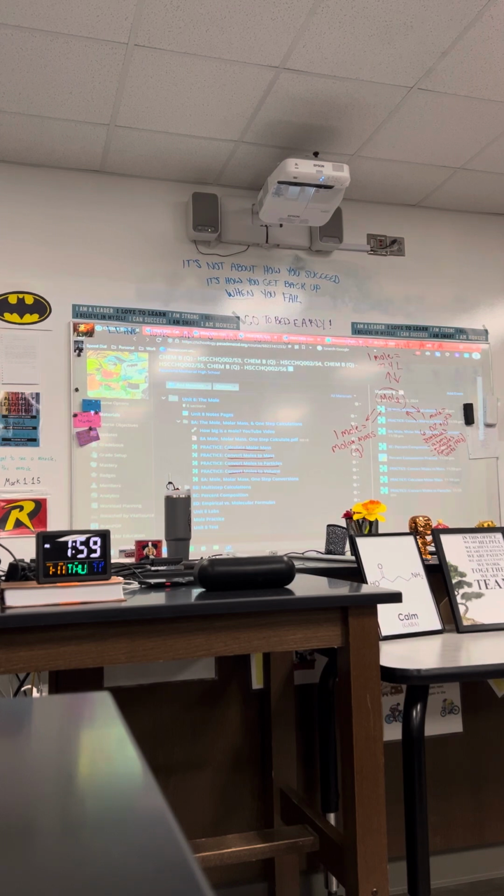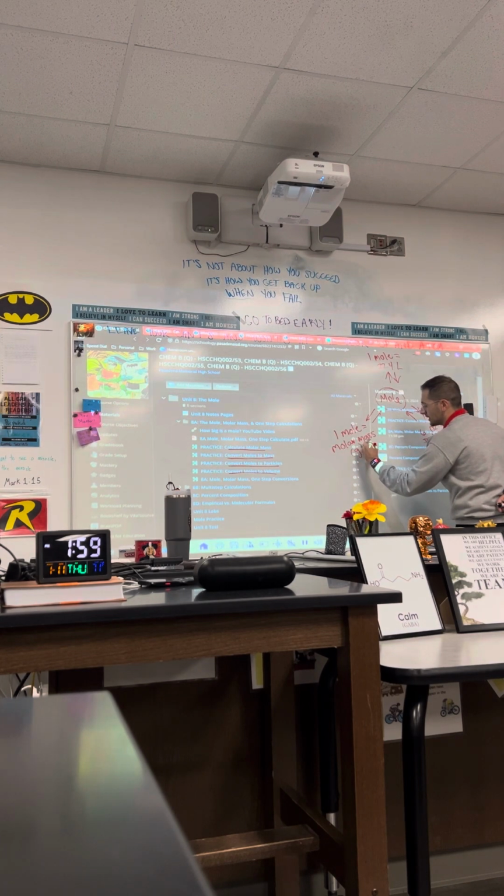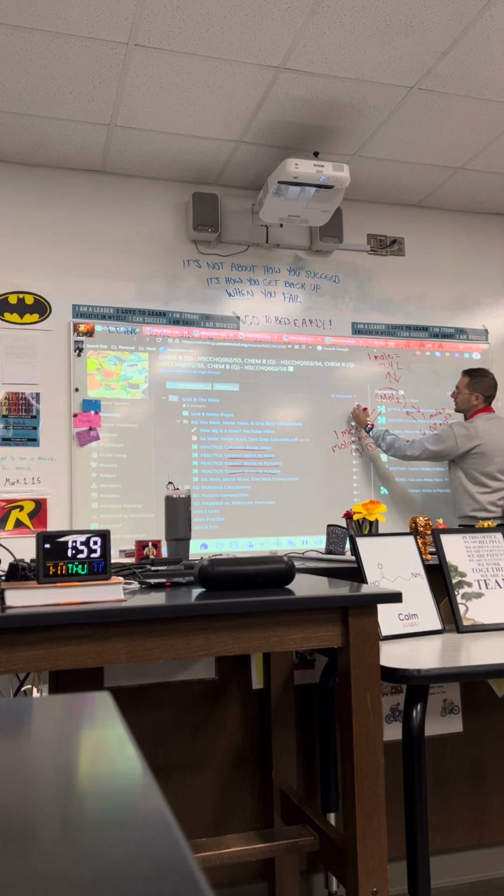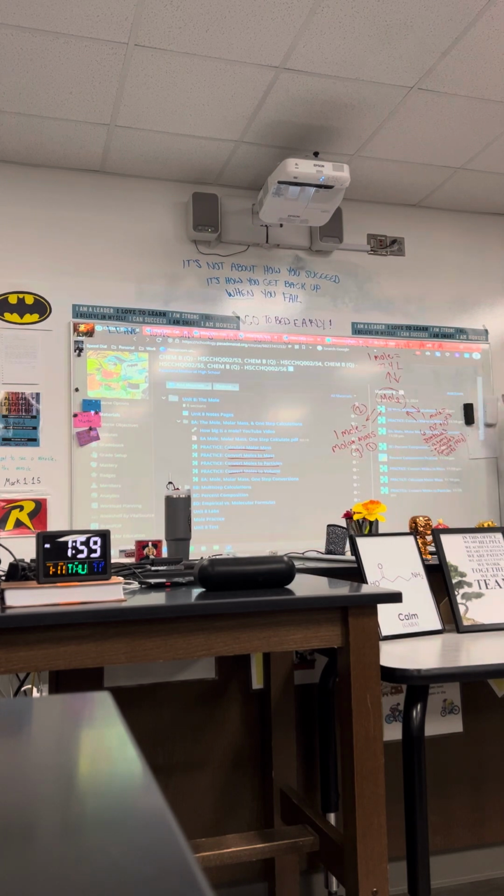So what we're doing today is first, I'm going to show you what molar mass is and how to calculate it. That's the first puzzle piece. Then I'm going to show you how to use the molar mass to go back and forth between moles and grams.